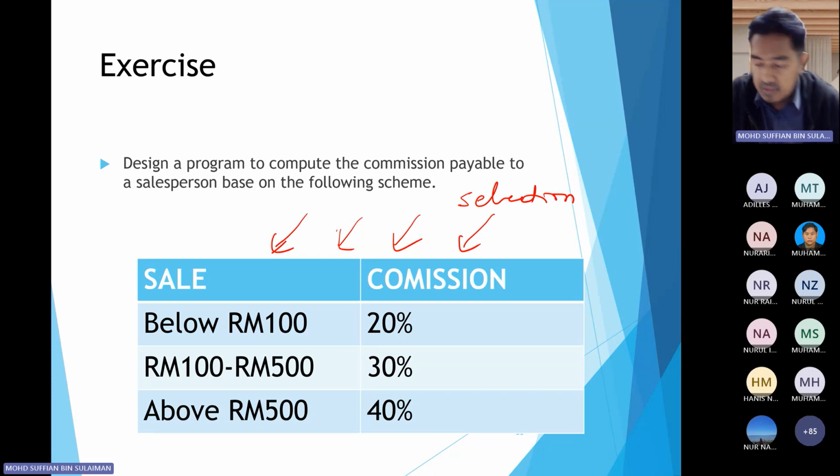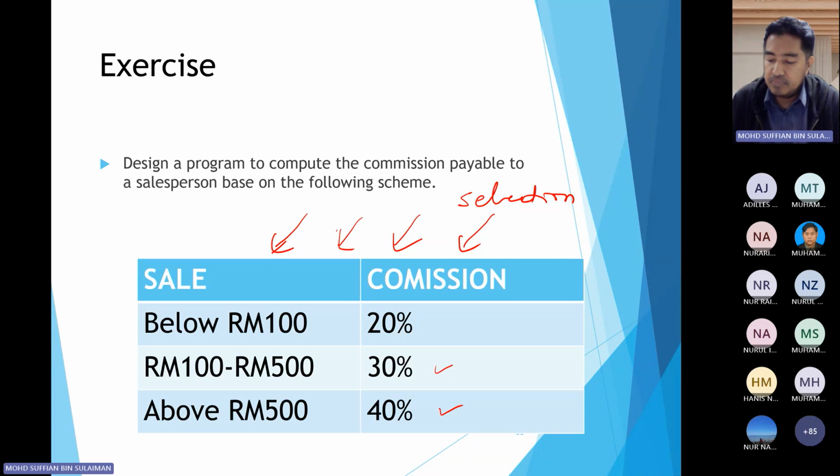Tak kisahlah if, if else, atau switch. If sale is below RM100, the commission will be 20%. If sale in the range of 100 to 500, the commission will be 30%. If the sale is above 500, commission will be 40%.